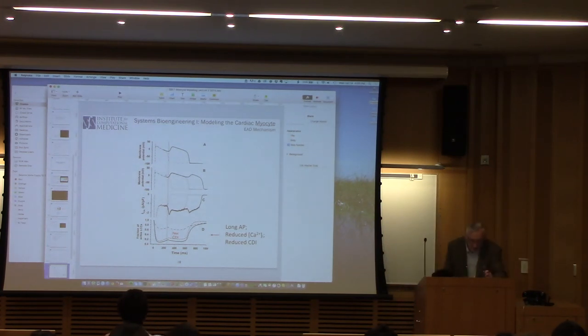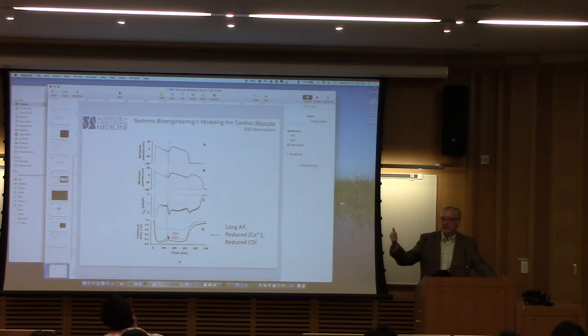If we come to, I have to look at my screen because I can't even read what's on the slide, even from here. I don't know if you can possibly see it. So if we look down here at this trace, the y-axis is fraction of active L-type calcium channels. So a calcium channel is active if it is not voltage inactivated and if it is not calcium inactivated.